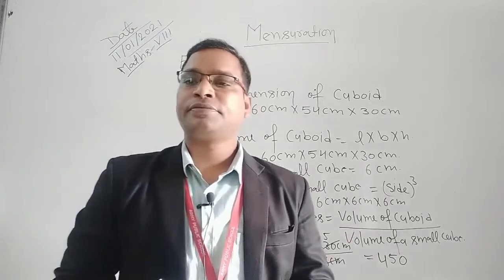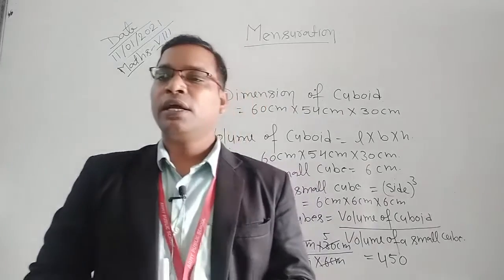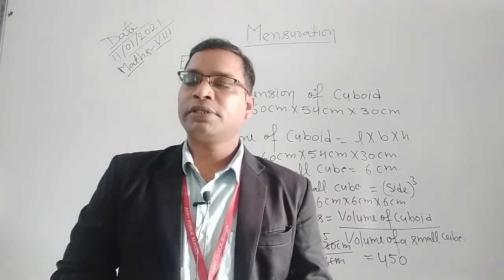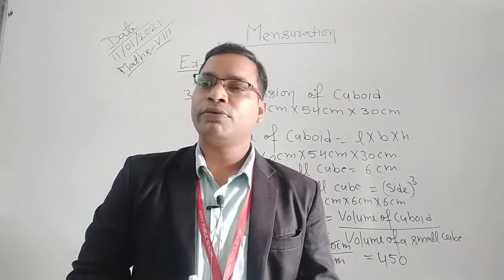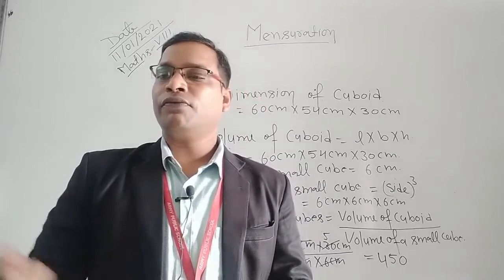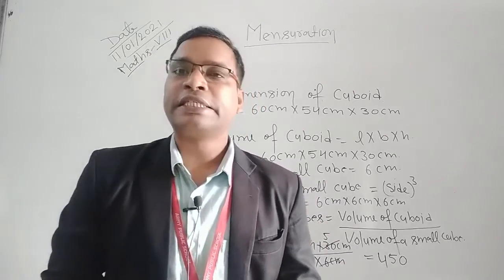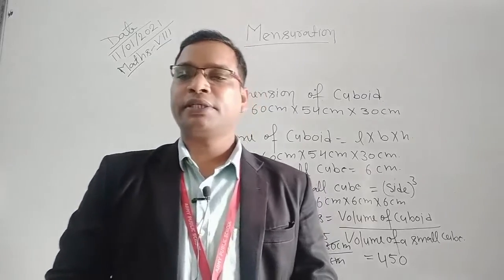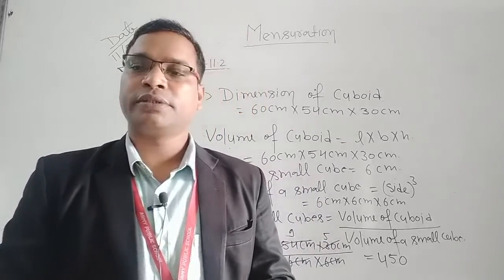I repeat this question again. A cuboid is of dimension 60 centimeter, 54 centimeters, and 30 centimeters. How many small cubes with side 6 centimeter can be placed in the given cuboid?